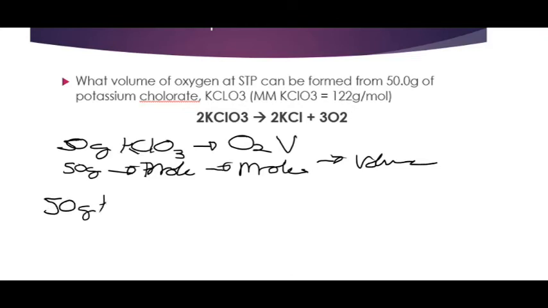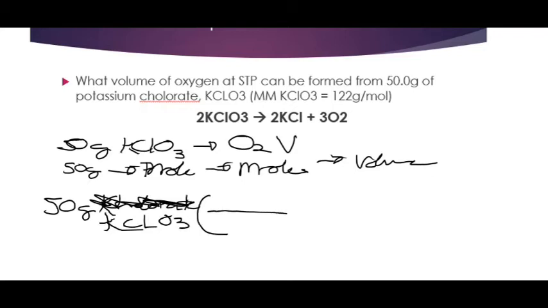So, may 50 grams of potassium chlorate tayo, KClO3, times 1 mole of KClO3 divided by anong molar mass nito? 122 grams. Ang molar mass nito, guys. There you go, 122.